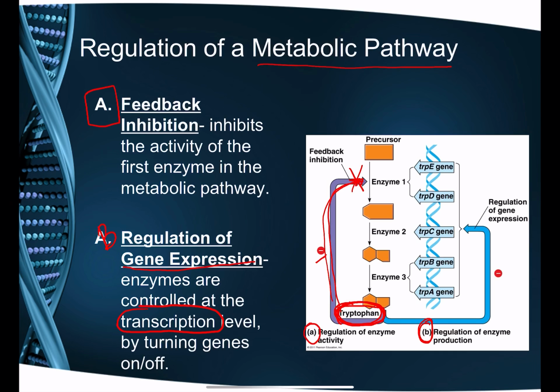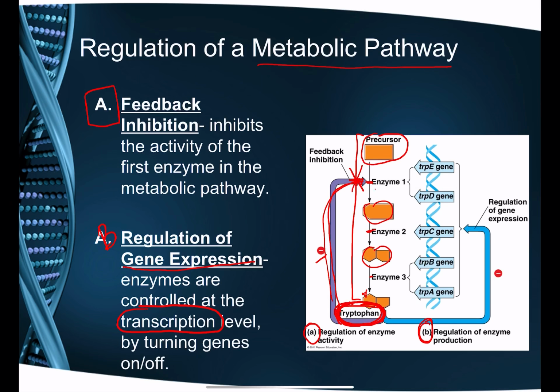Okay? So this product, tryptophan, is made by this cell metabolic pathway or cell signaling pathway. So you have this precursor molecule that is broken down or catalyzed by enzyme 1 to make this, and then you've got enzyme 2 to make this, and you've got enzyme 3 to make the tryptophan.